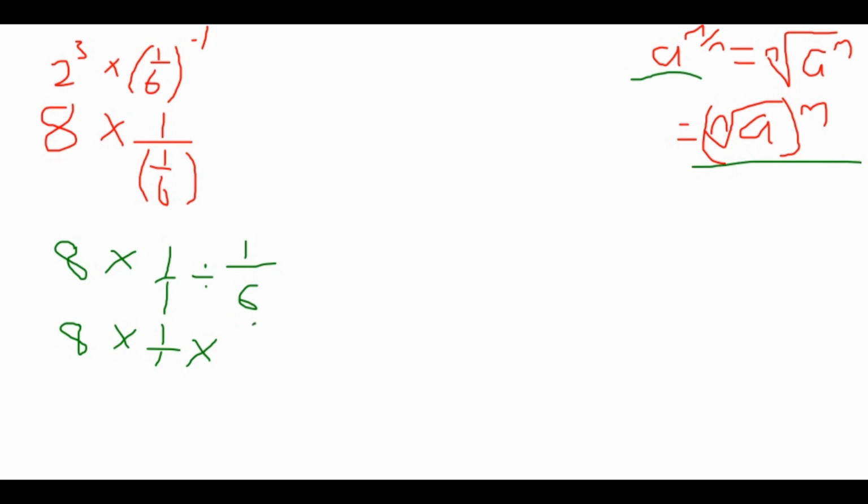We can write 6 or 6/1, it's the same thing. Now 8 times 1 is 8, and 8 times 6 is 48. So what you are going to have here is 48. So this is our answer.